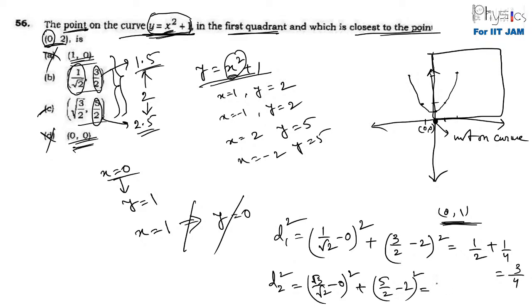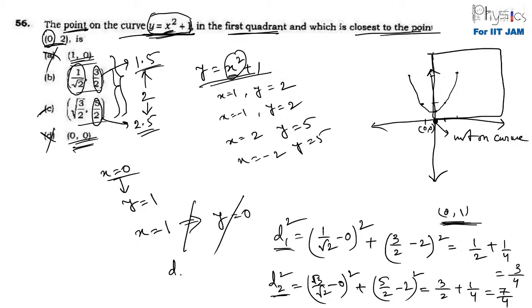That means we get 3 by 2 plus 1 by 4, and it would give us 7 by 4. Now what is it? It is the distance square.